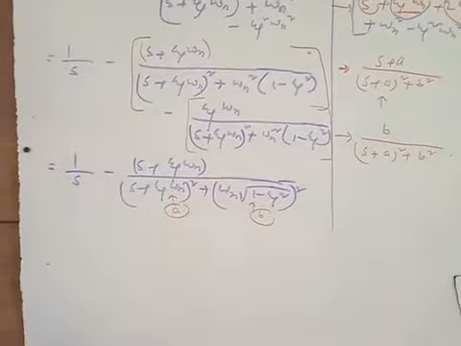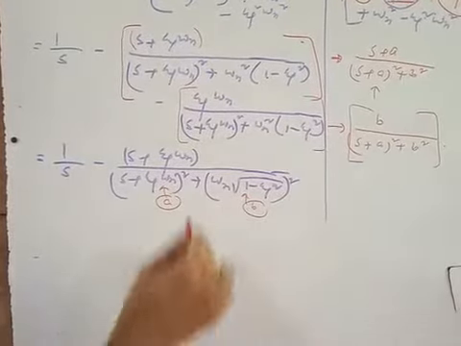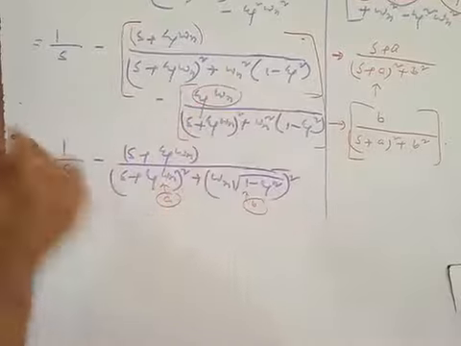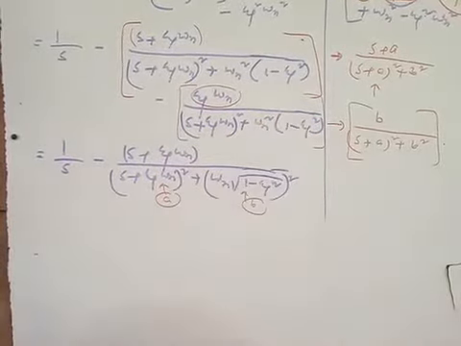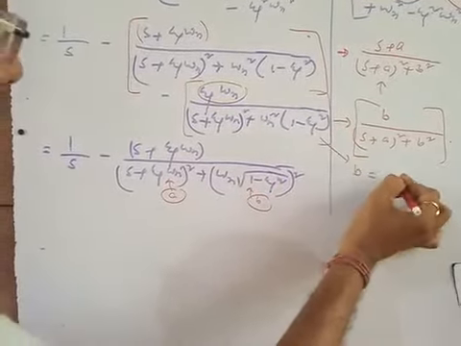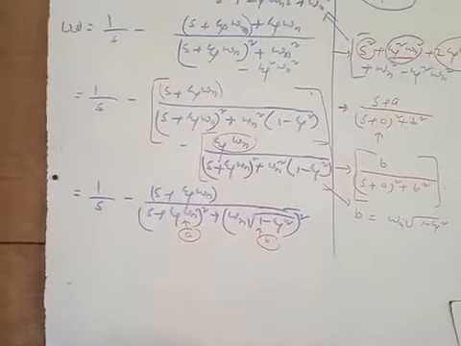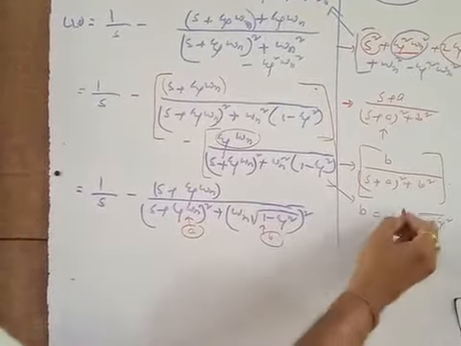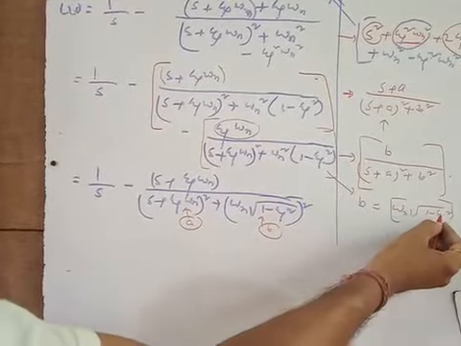So if the standard form is like this, in the numerator there should be b, because this is your b, right? In this case you can write b is omega n root over 1 minus xi square. So the numerator should be omega n into root over 1 minus xi square.